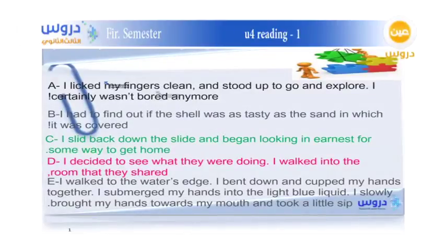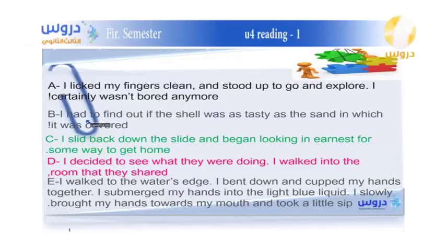So what do you think, guys? Is it I licked my fingers clean? I had to find out. I slid down the slide. I decided to see what they were doing, or I walked to the water's edge. Come on, guys. Okay, I'll help you. Is it D or E? Which one is it? Come on, Mushrif, what do you think? Is it D or E?